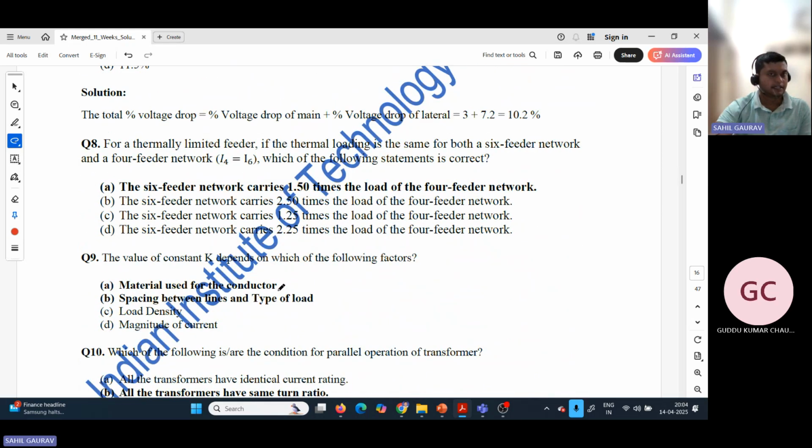In question number 8, they are asking, for a thermally limited feeder, if the thermal loading is the same for both the 6 feeder network and the 4 feeder network, which of the following statements are correct. You can easily find TS6 or TS4. So the 6 feeder network carries 1.5 times the load of the 4 feeder network.